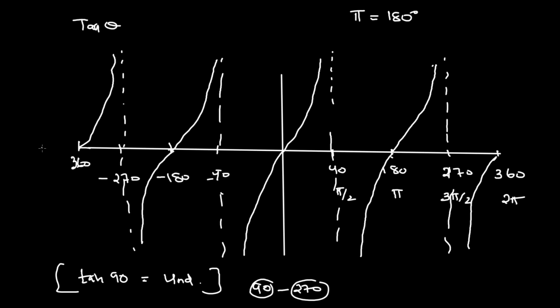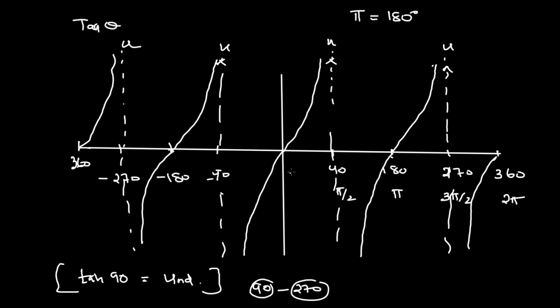So 450 somewhere here, this will not touch that line. It shouldn't touch this, it shouldn't touch that, because it's undefined here, there, and here. It's rare that they'll ask you to draw this. Normally it's cosine and sine that they'll ask you to work with.